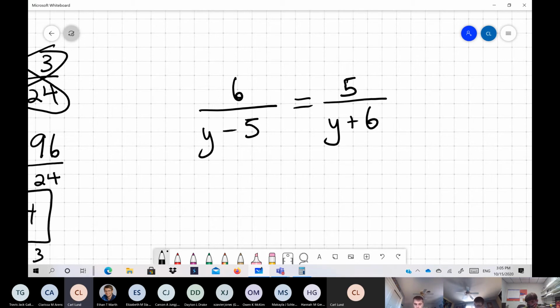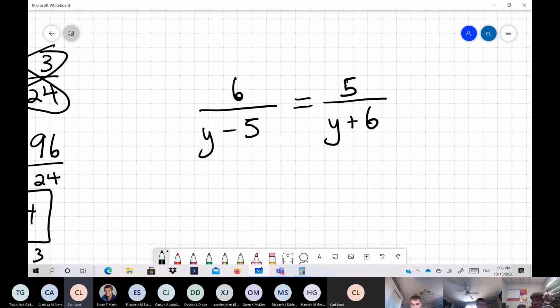In a case like this, you could treat this as an equation, find a least common denominator, and multiply both sides by y minus 5 and then y plus 6. That will work and get you the right answer eventually, but cross multiplying is a lot quicker.